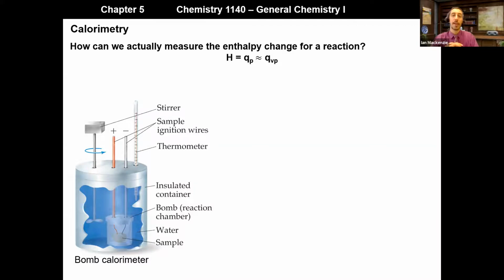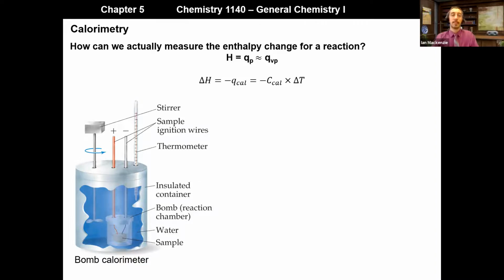And so in many cases, we can simply equate the heat under variable pressure to the heat under constant pressure, unless the changes are very extreme. And so we can still assume that enthalpy is just equal to the heat change, or the heat in this particular case. However, our equation for a bomb calorimeter looks a little bit different.